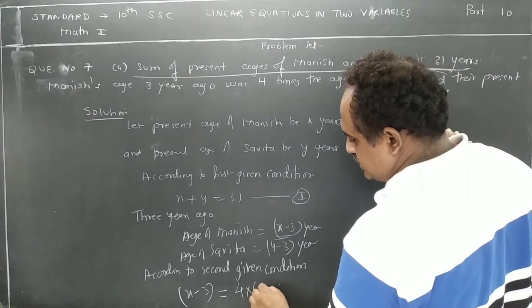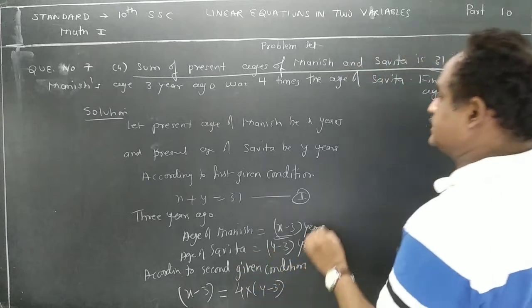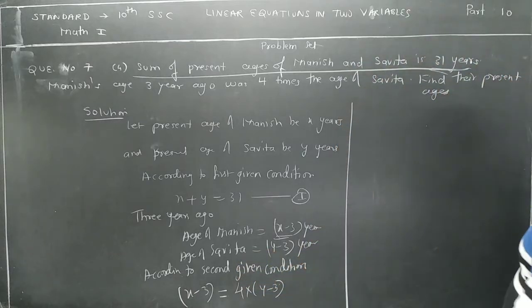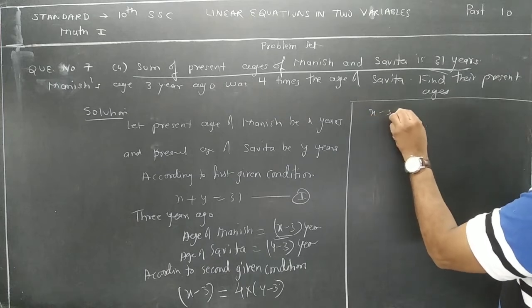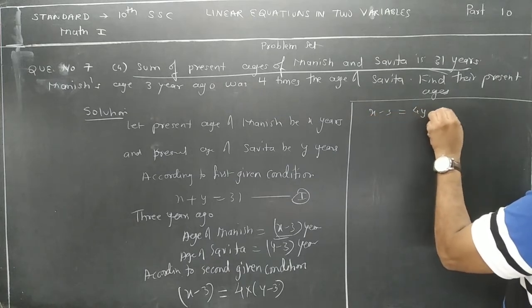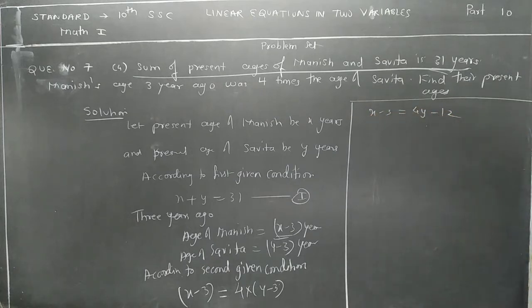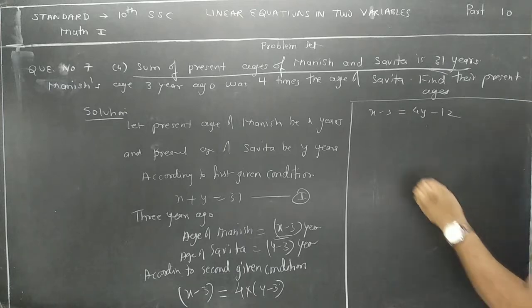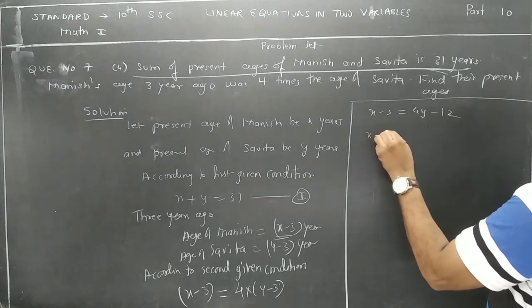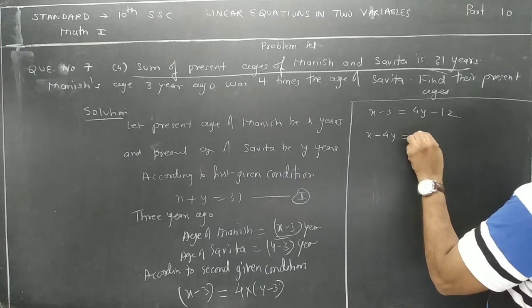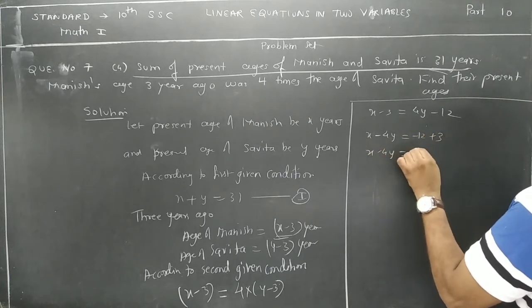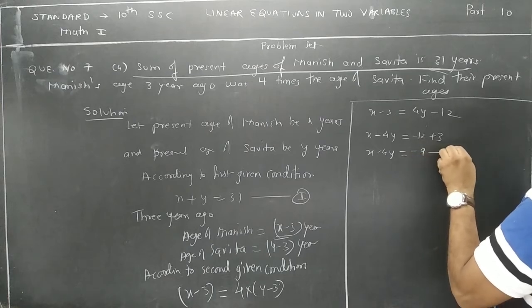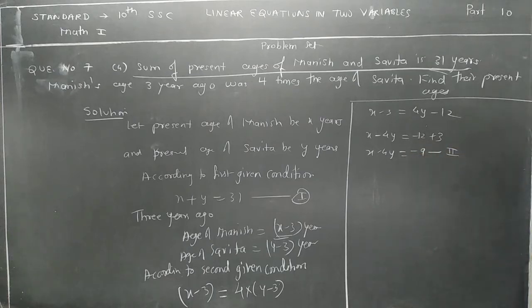The age of Savita was y minus 3 years. So what do we get now? x minus 3 is equal to 4y minus 12. Is it right? So what is the equation then? x minus 4y is equal to minus 12 plus 3. So x minus 4y is equal to minus 9. This is equation number 2.